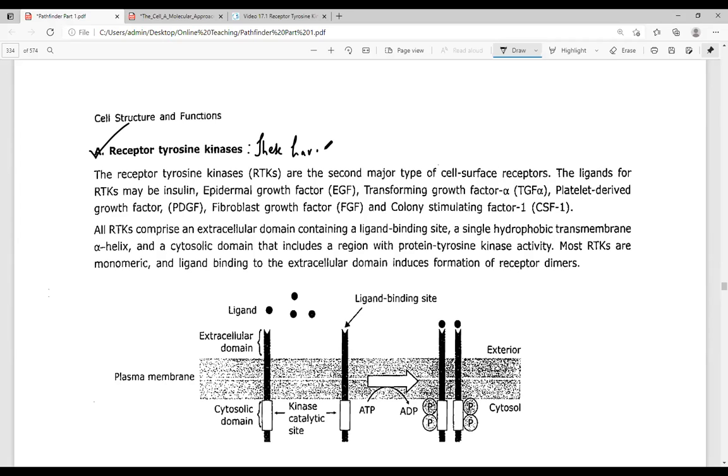These have a cytosolic domain with enzymatic activity, which is present within themselves.